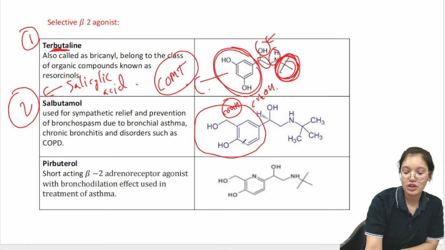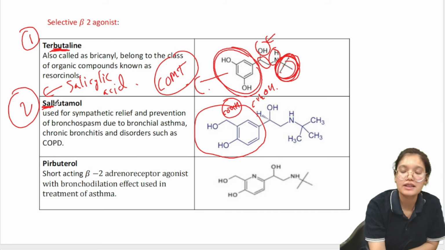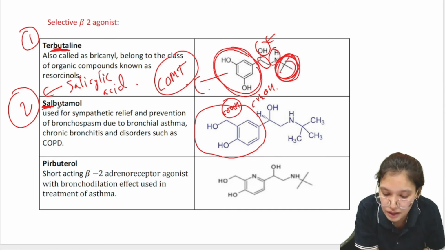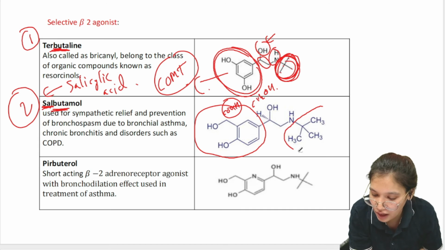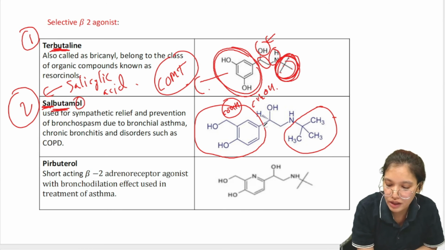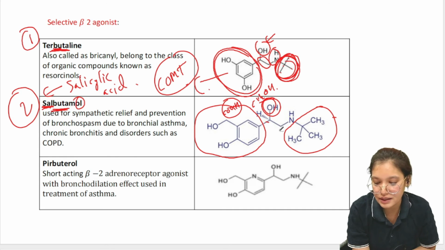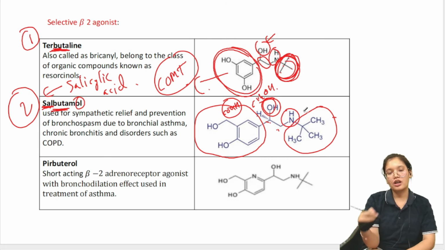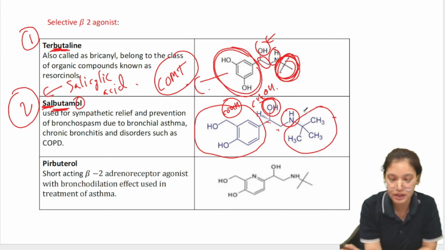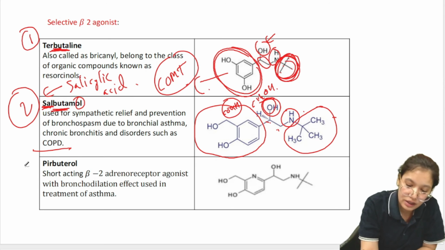Buta, we again have 4 carbons here. We also have an OH group here, and the rest is the ethylene chain and the NH or amine group. The other things are almost the same. It is basically used in COPD or lung disorders.